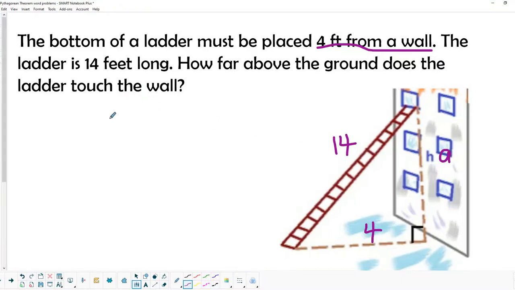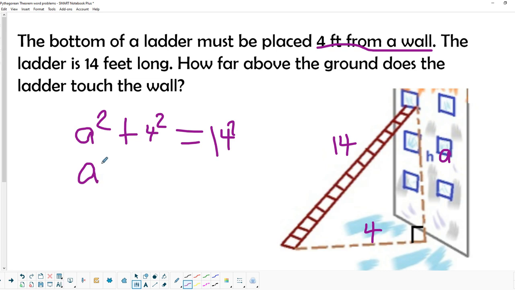So then if I write down my equation, I write down A squared plus B squared, or the bottom squared, is equal to 14 squared. Okay, so let's keep it going. A squared plus 16.